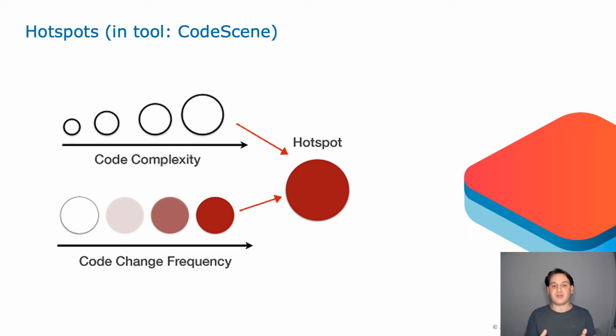Together this will become a really rad hotspot on the CodeScene tool, which I'm using during this session as announced before. So the bigger the circle, the more complex the code, the more white space before your code, and the more red the circle, the more changes the file actually had.